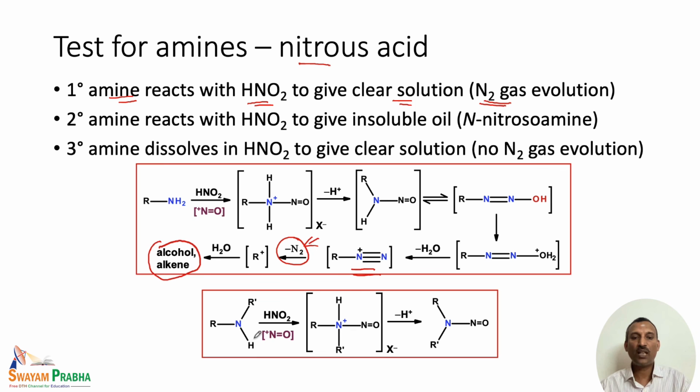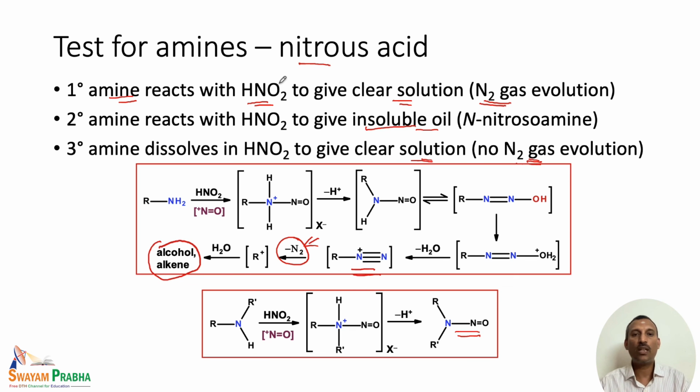If we have a secondary amine, we will end up with an N-nitrosamine derivative which is an insoluble oil. So, something will come out of the solution, and then we can say it is a secondary amine. If we have a tertiary amine, that gives a clear solution and there is no nitrogen gas evolution.